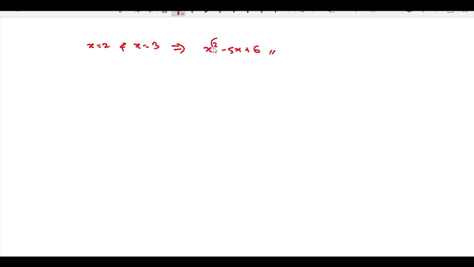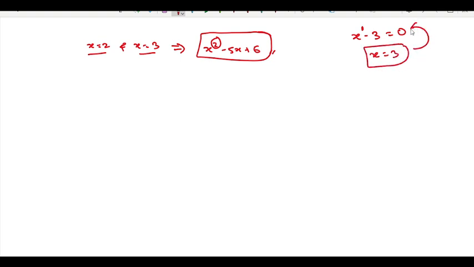The maximum power is 2. So how many roots will this equation have? It will have 2 roots. Similarly, in x minus 3 is equal to 0, the maximum power of the variable was 1, so we had x is equal to 3 as the only root of this equation.